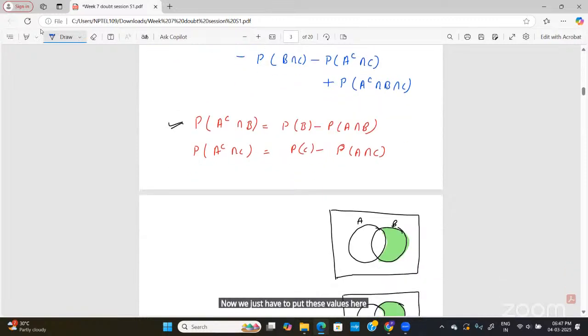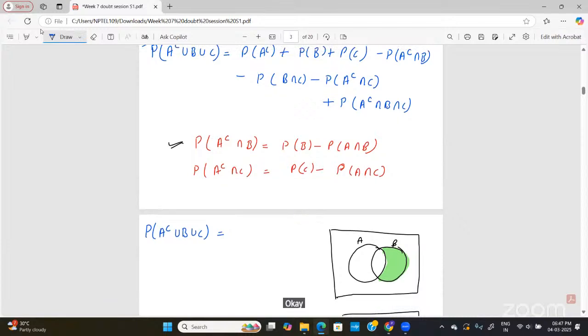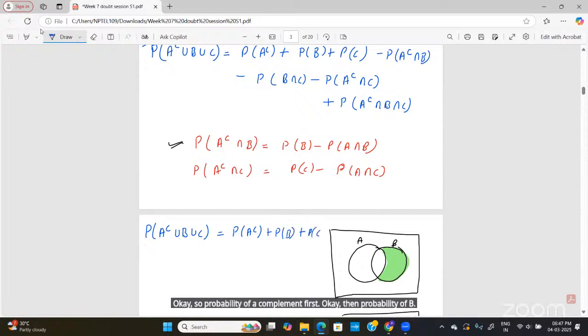Now we just have to put these values here. So probability of A complement union B union C: probability of A complement first, then probability of B plus probability of C. Now at this place, from minus probability of A complement intersection B, we can write this thing.